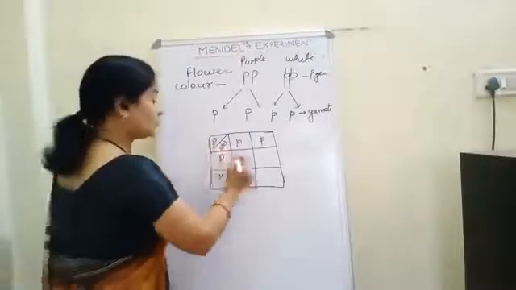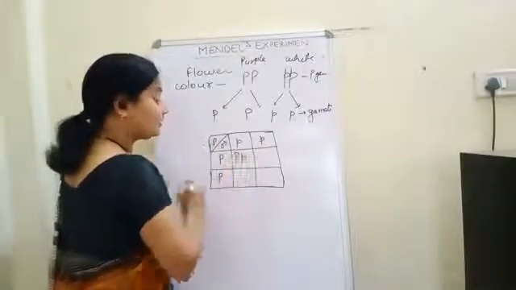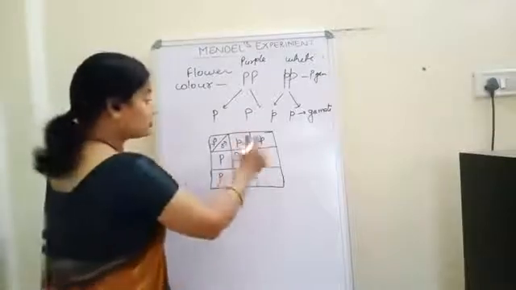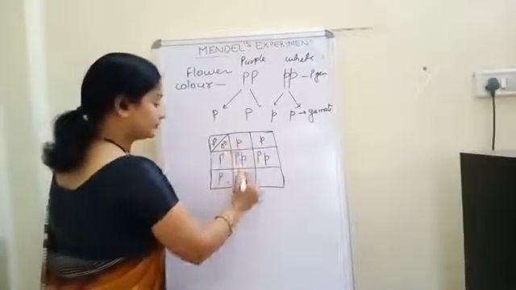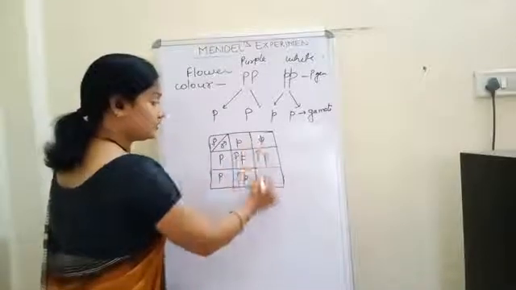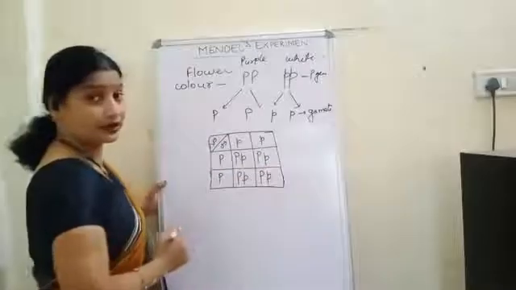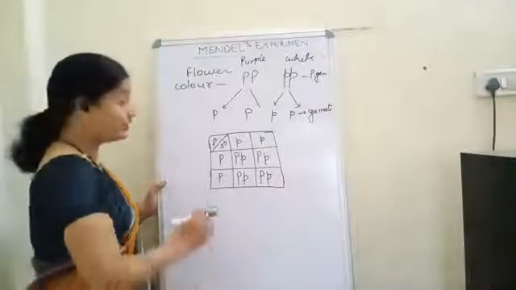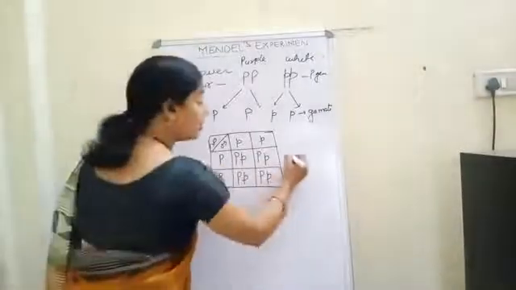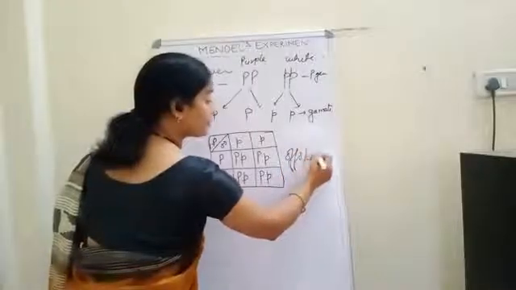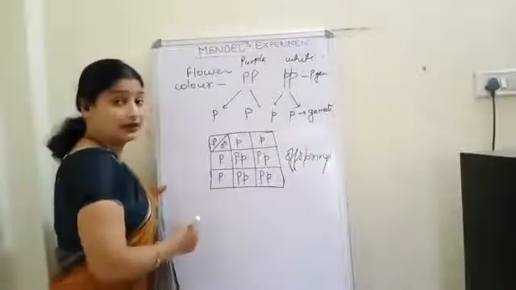Now, how will we cross? We will make it like this. This cross with this, with this, and again this with this. Okay. Now, every time one capital P is present in the offspring. Clear?